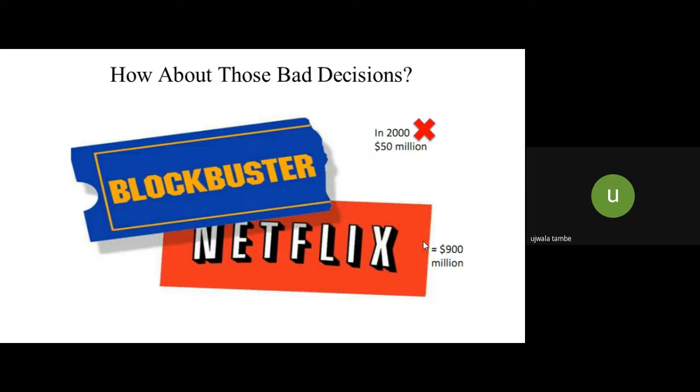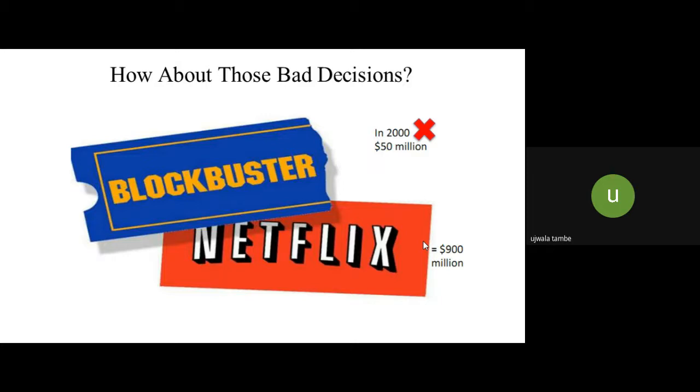Blockbuster had multiple opportunities to purchase Netflix in the early 2000s and turned it down because they didn't want to disturb their traditional revenue method. In contrast, Netflix had a clear focus on the future, their vision that streaming video will take over. After starting to stream movies in 2007, Netflix then offered unlimited streaming in 2008.